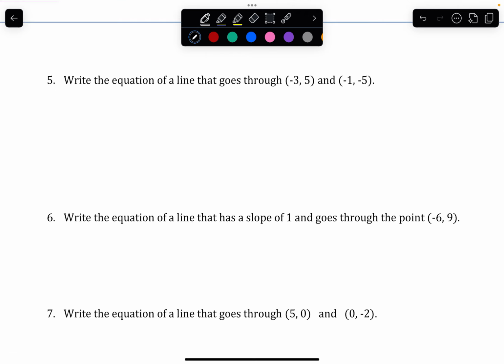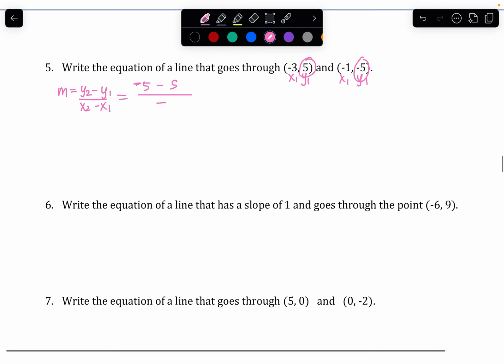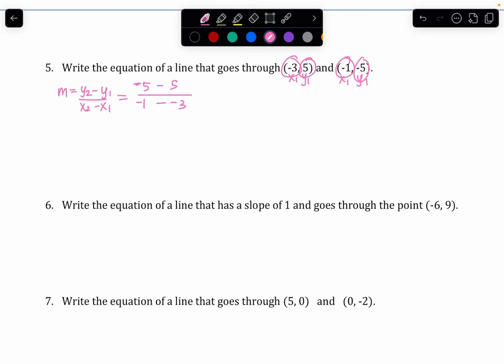All right, another example. We have: write the equation of a line that goes through (-3, 5) and (-1, -5). So our first step is to find the slope using y2 minus y1 over x2 minus x1. So fraction bar, minus signs: -5 minus 5, over -1 minus -3.